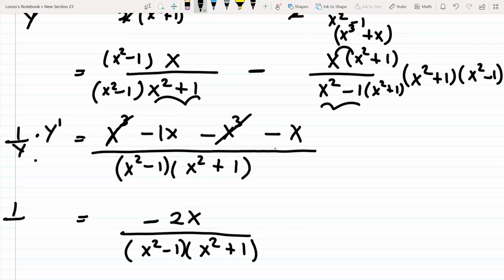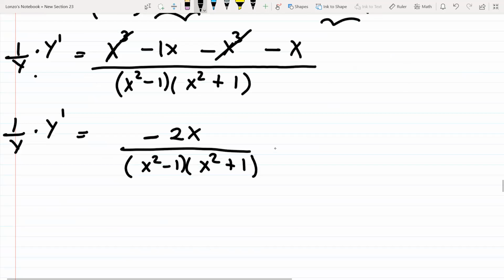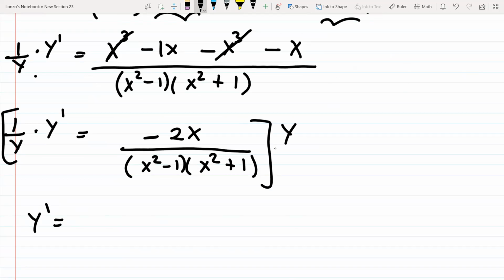And then over here, it's just 1 over y times y prime. To find y prime, which is the same thing as f prime of x, you have to get rid of this 1 over y by multiplying both sides by y. So y prime equals y times this whole thing, right?